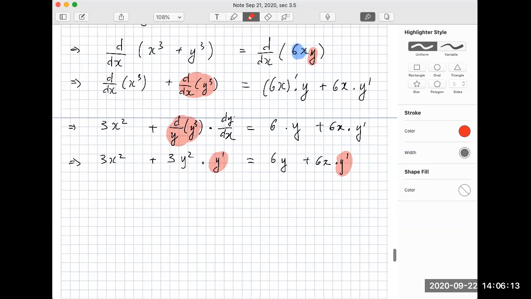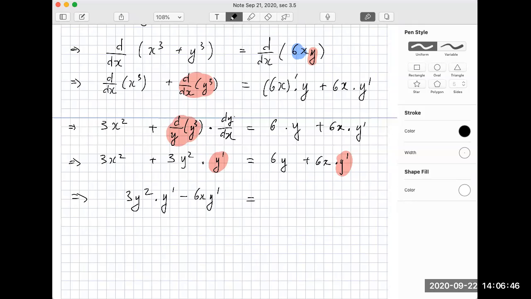Yeah, we somehow bring everything into one side and everything else into the other side. So now let us bring y prime into the left and other terms to the right. And what do we have here? On the left-hand side, it is 3y squared y prime, and if we subtract both sides by 6x y prime, the left-hand side will have 3y squared y prime minus 6x y prime.